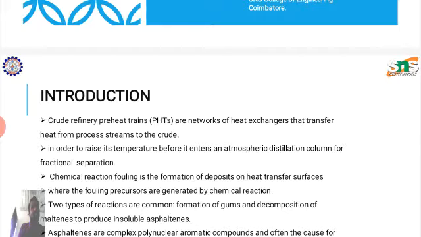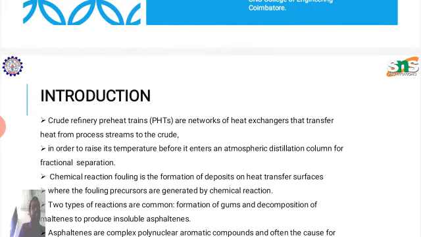When the sulfur content of the crude is high, the decomposition of maltenes produces insoluble asphaltenes, which are complex polynuclear aromatic compounds, and are often the cause of chemical reaction fouling in this part of the preheat train.